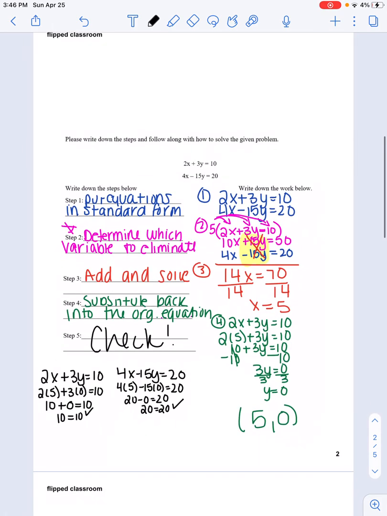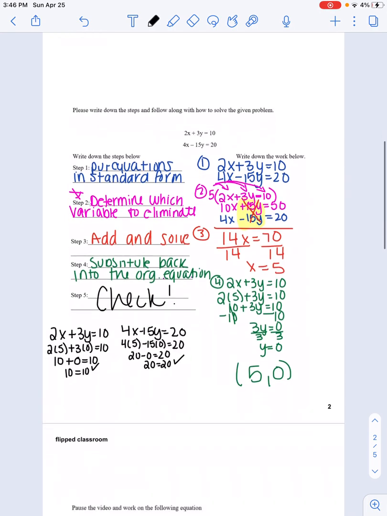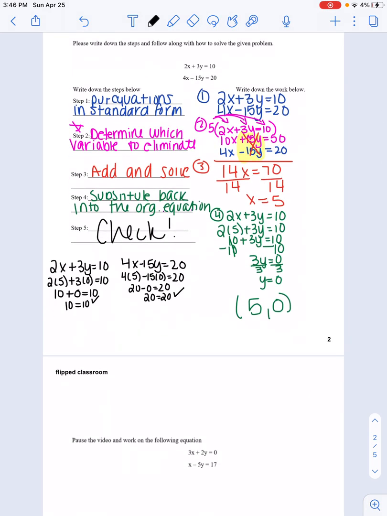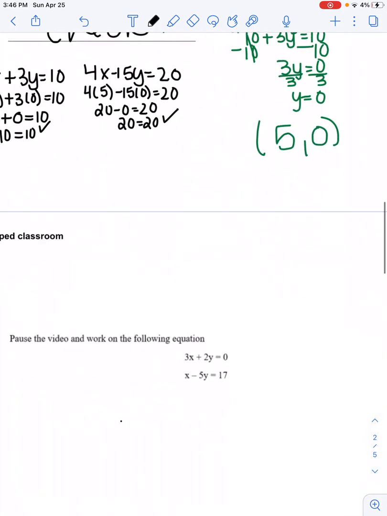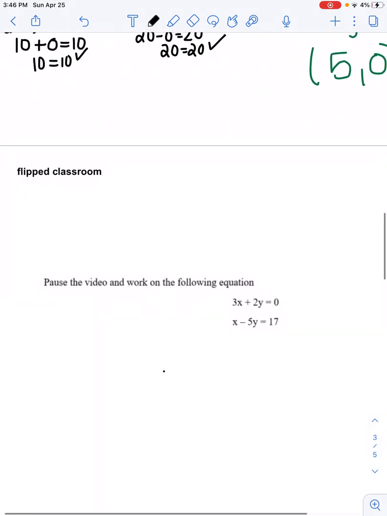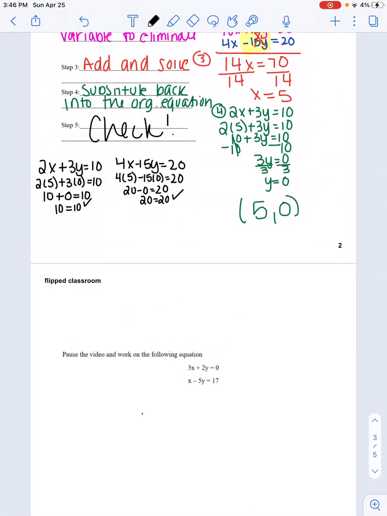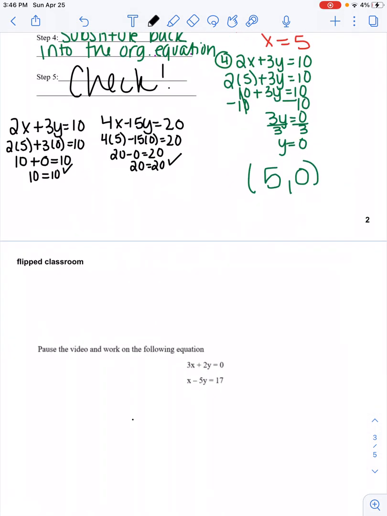Okay, so right now I want you to pause me, write down anything that you need to finish, and then write down any questions. And while I'm paused, what I want you to do is work on this equation, okay? So pause me, take your time, finish copying that down, and begin working on that other equation.